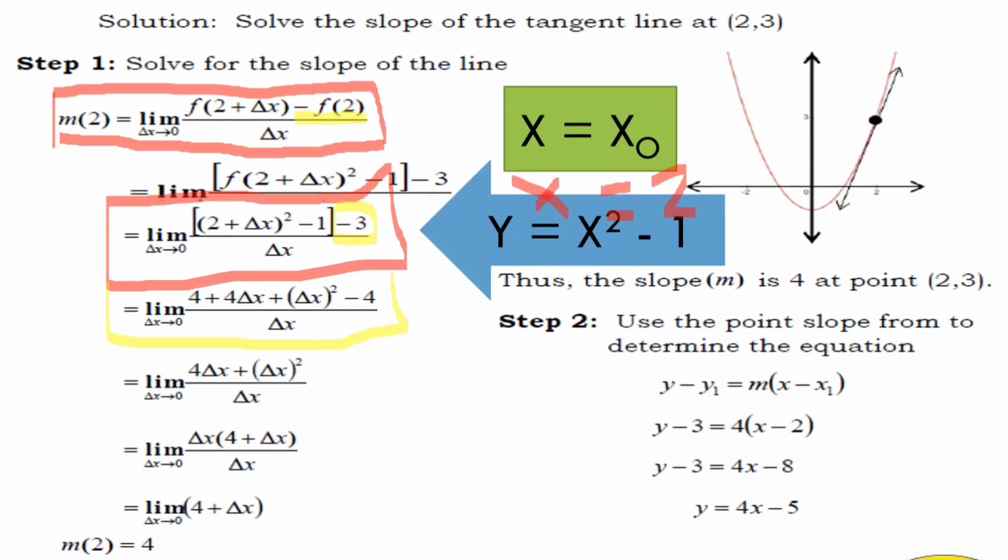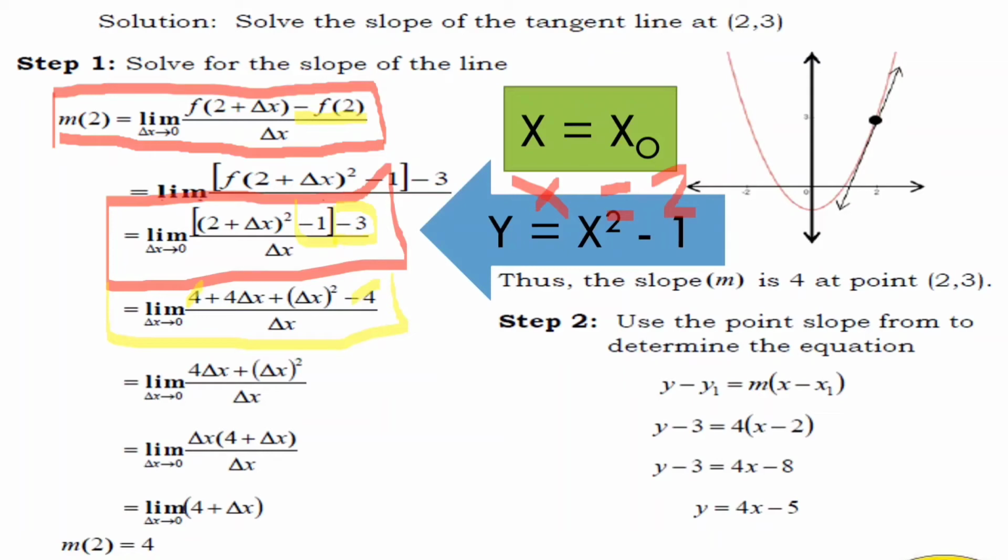First, simplify the exponent. 2 plus change of x, squared, becomes 4 plus 4 change of x plus change of x squared, minus 1, minus 3, which is negative 4, all over change of x. Next, cancel out similar terms. 4 minus 4 is 0.